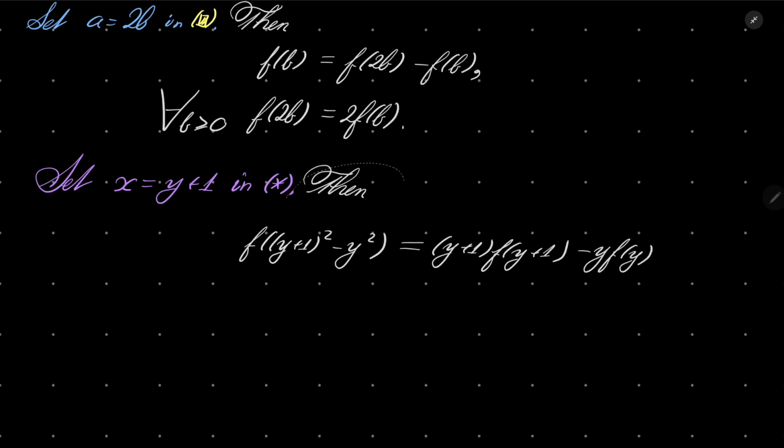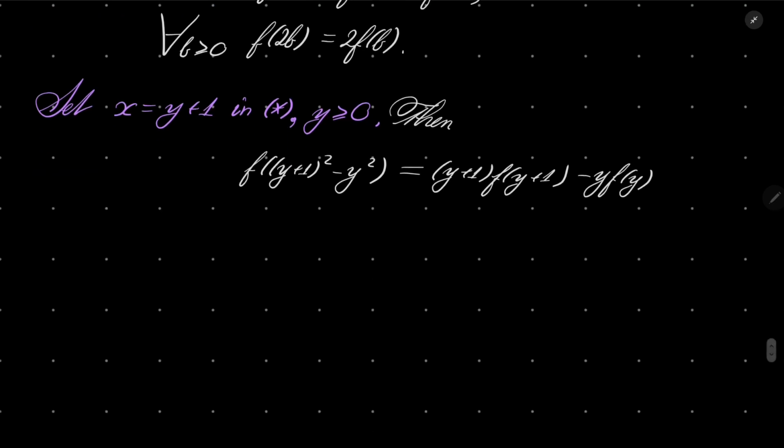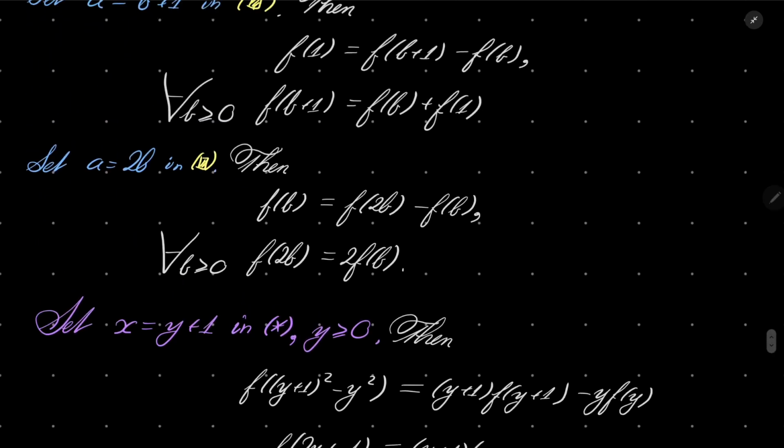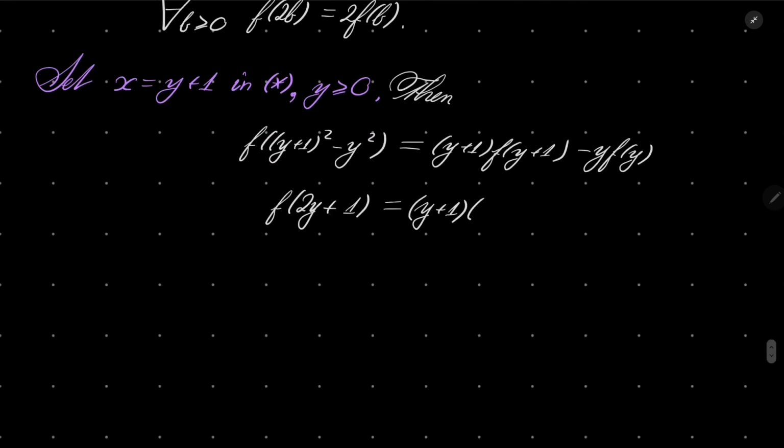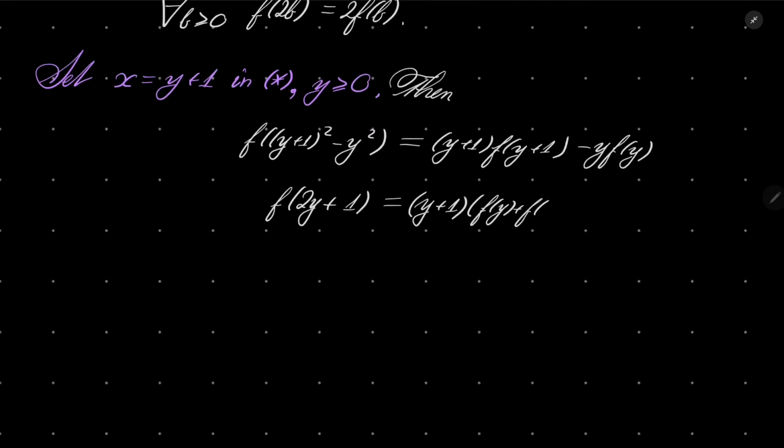And let's write it explicitly that I assume for now that y is a non-negative number. Now, on the left-hand side, after simplification, we get 2y plus 1. And on the right-hand side, we have y plus 1, instead of f of y plus 1, using this condition, we can write f of y plus f of 1, minus y times f of y.